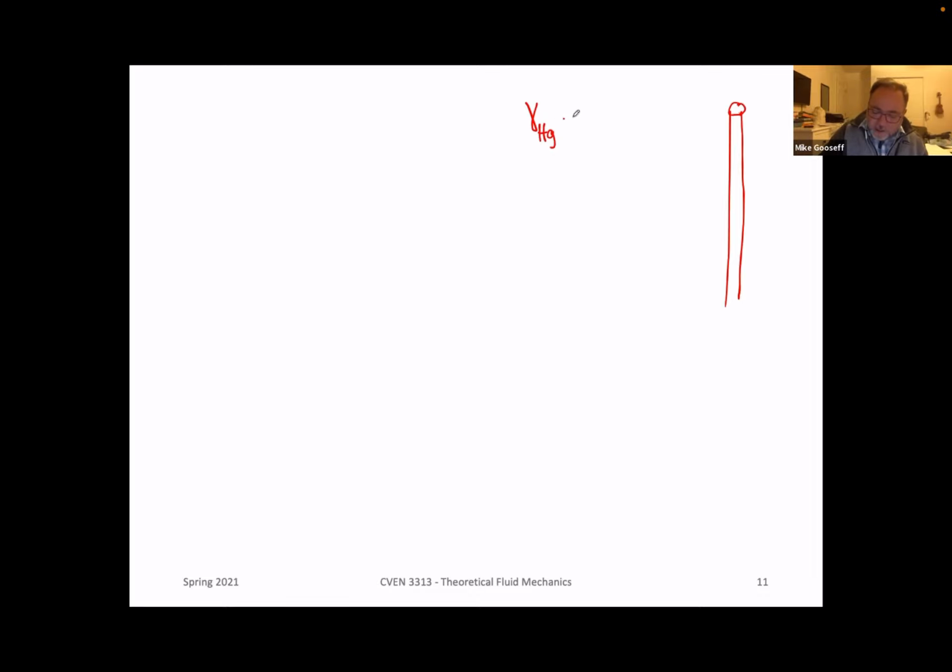So if I look this value up, I get 133 times 10 to the third, and that is newtons per cubic meter.